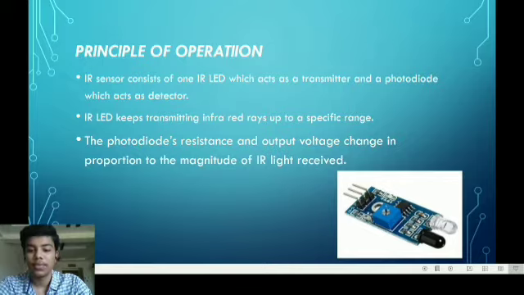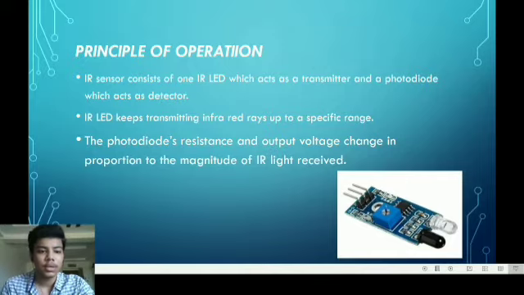When IR light falls on the photodiode, the resistance and the output voltage change in proportion to the magnitude of the IR light received. An IR LED keeps transmitting infrared rays up to some range.